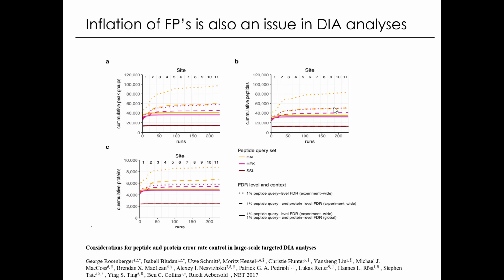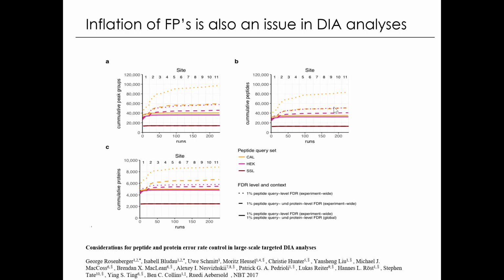So this is one of the traps that we tend to fall into with large data, that we do not consider the implications of controlling the false discovery rate as an aggregate over the whole experiment.